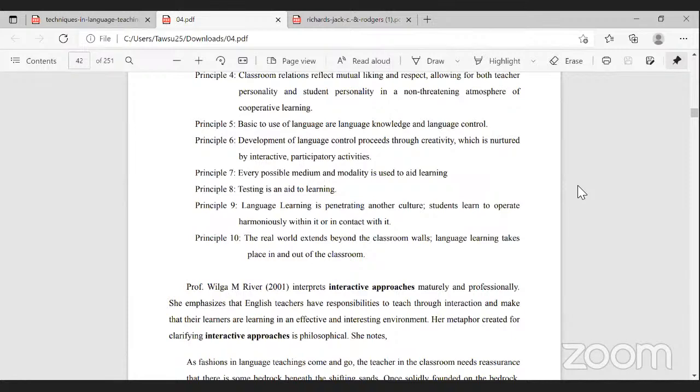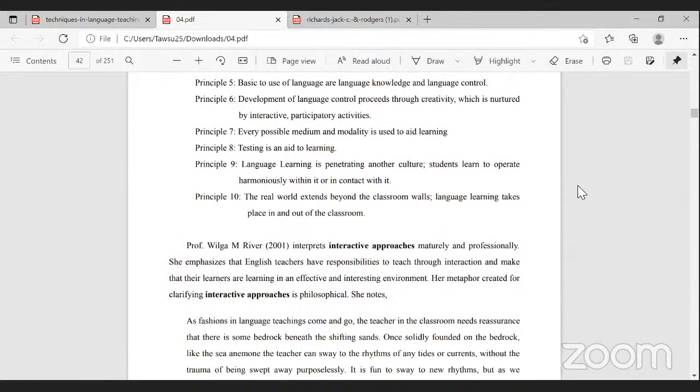Her metaphor for clarifying interactive approaches is philosophical. She notes that in language teaching, methods come and go, with reassurance that there is some bedrock beneath the shifting sand. She basically talks about student participation.